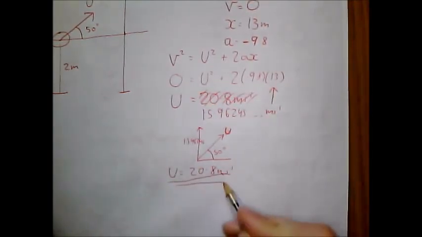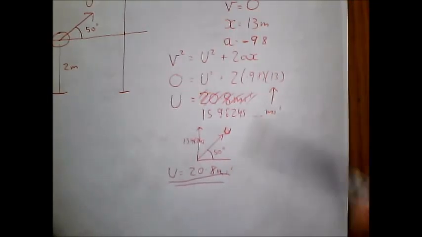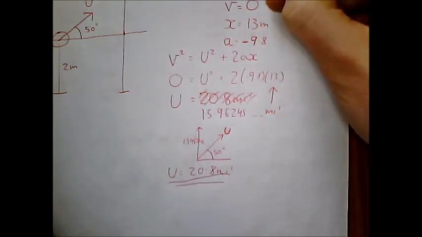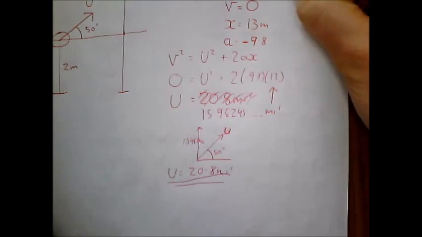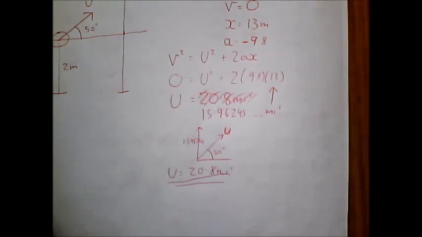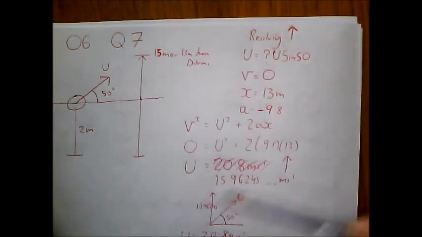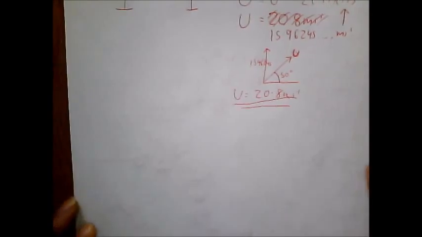Okay, so that should be part 1 done. Of course, what you could have also done was say that this was u sine 50 as well, to make this bit maybe a little bit less confusing. Up to you. Okay, part 2.